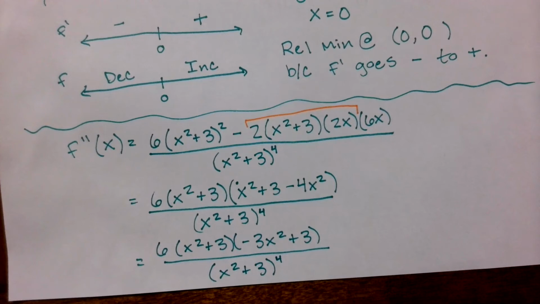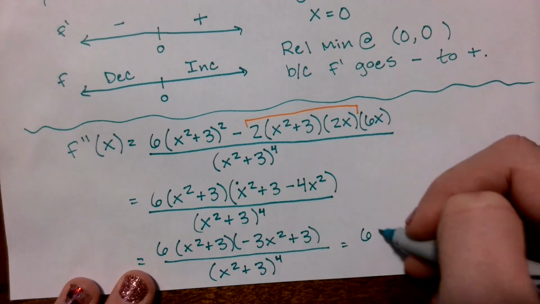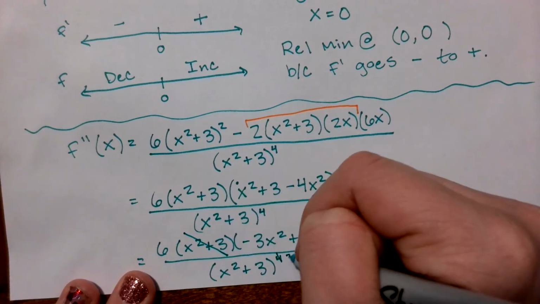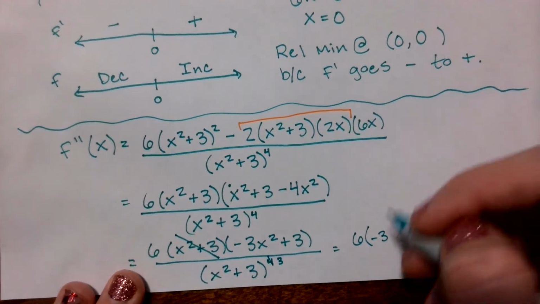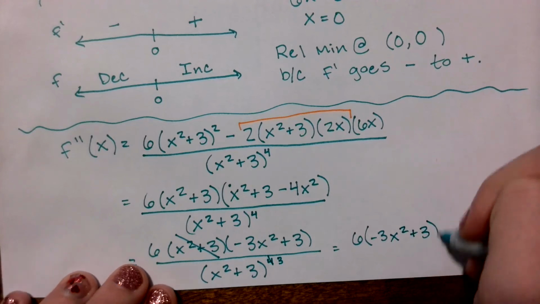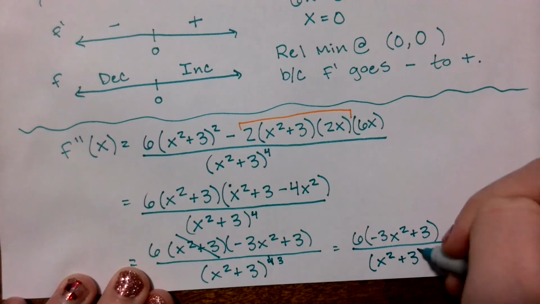So there's a hole there. That's not going to hurt anything. If you want to cancel that here, you can. We've got a 6. So one of these guys, and then that would take it down a power. Since it's all multiplication, I'm allowed to do that. So we've got a 6, negative 3x squared plus 3, and then now an x squared plus 3 cubed.